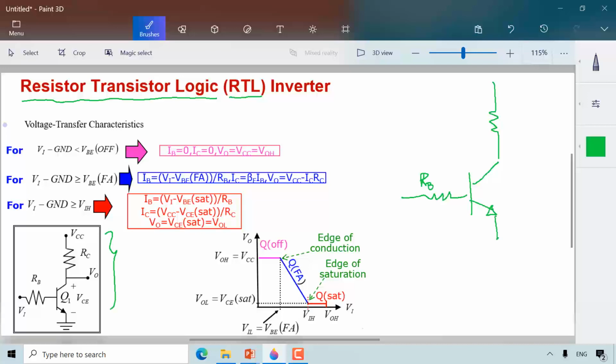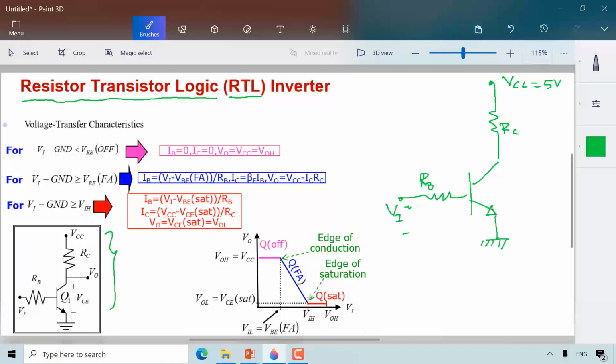The collector is connected to a resistor called RC. RC is connected to the power supply VCC, typically 5 volt, and RB is connected to the input, VIN. The emitter is connected to ground.